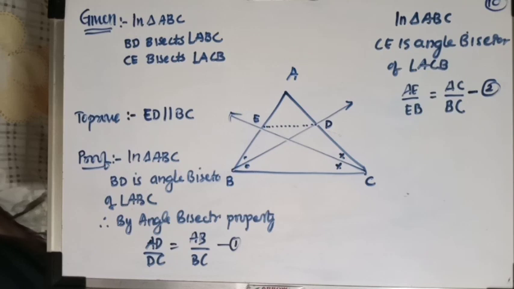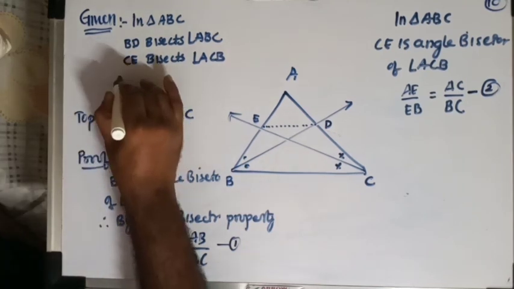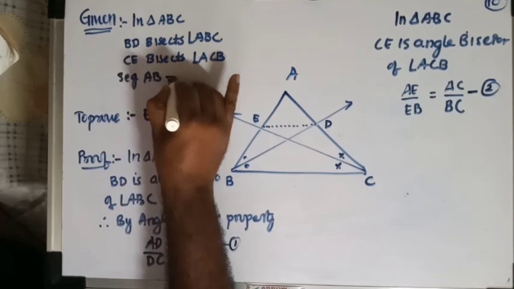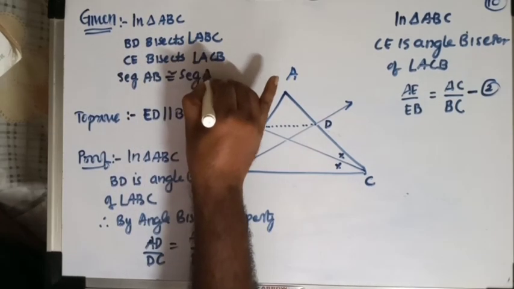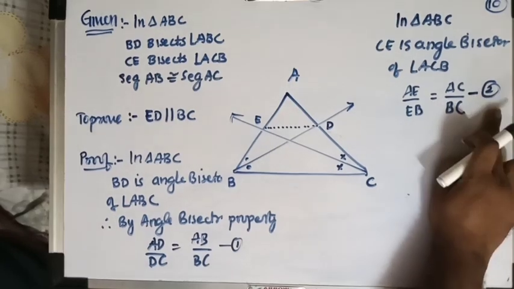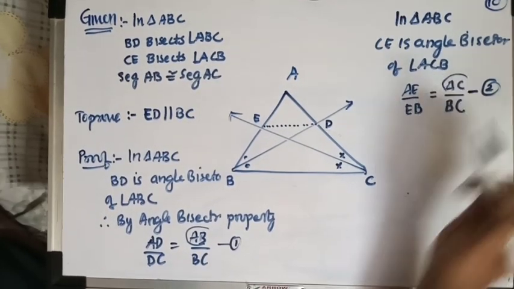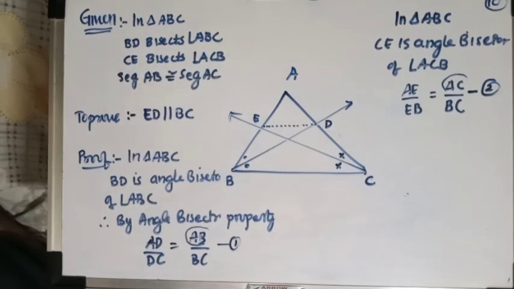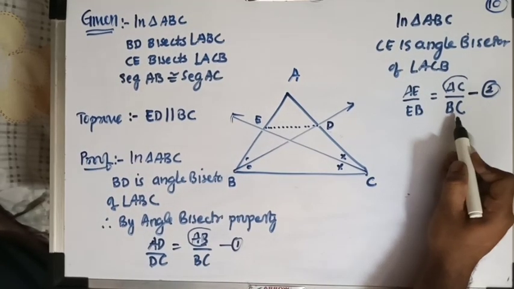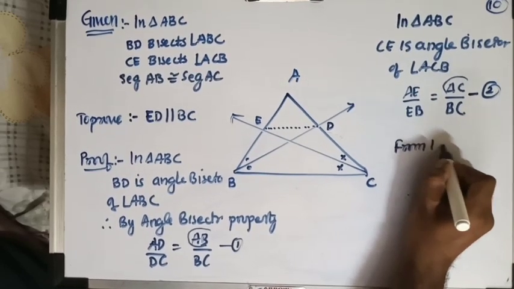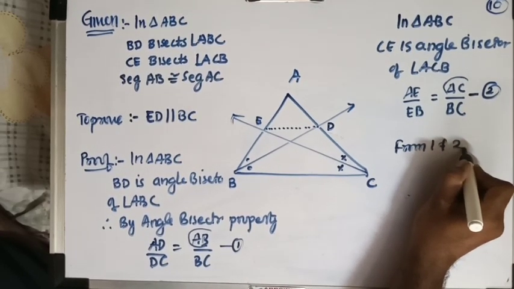Okay, children, but there's one more condition given in your question, that is segment AB is congruent to segment AC. So look at 1 and 2. AB, the numerator, and AC, the numerator, are equal, that is given in the question, and BC and BC is the same segment. So from 1 and 2, what do I have?